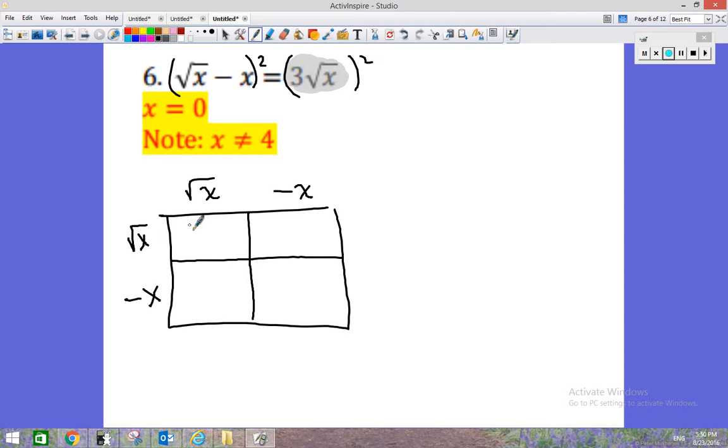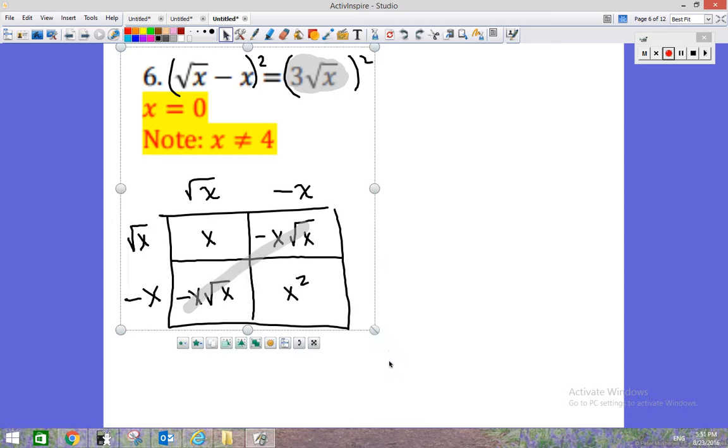When you multiply the radical by itself, the radical goes away, and we have negative x times that radical, and a negative times a negative is positive, and we have x squared there. So along this diagonal, those are like terms. We have negative 1 of these things and another negative 1 of these things. We have negative 2 of those things.